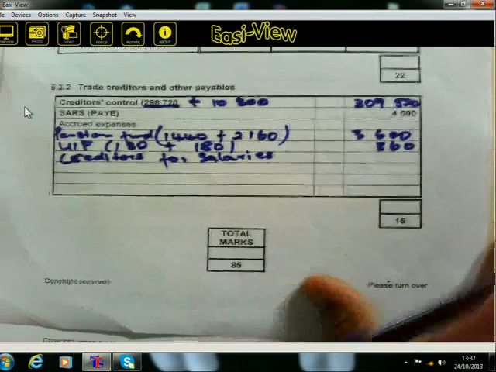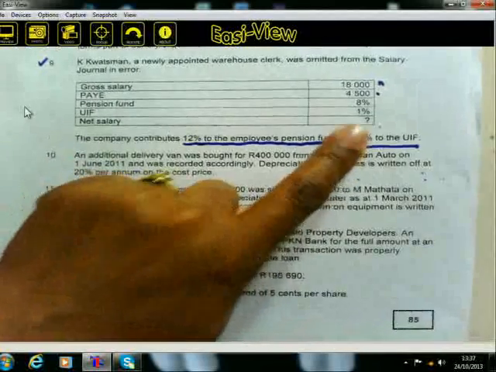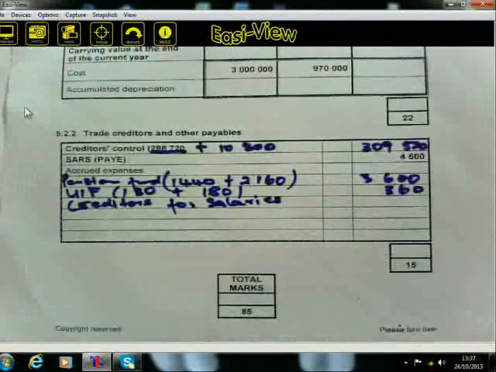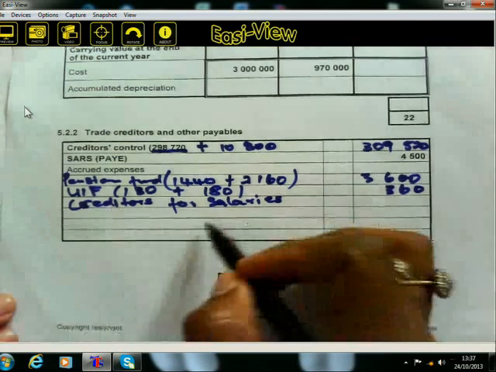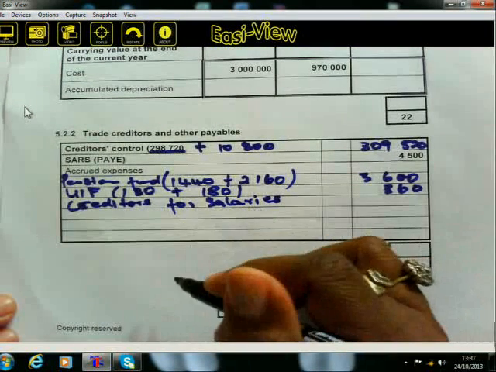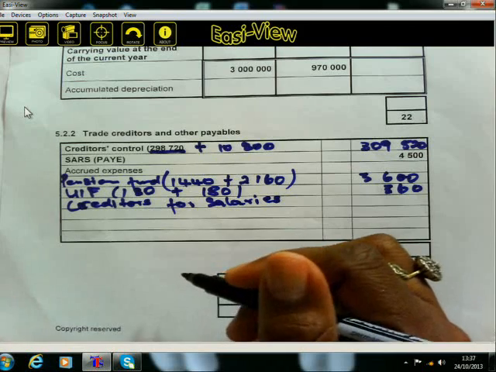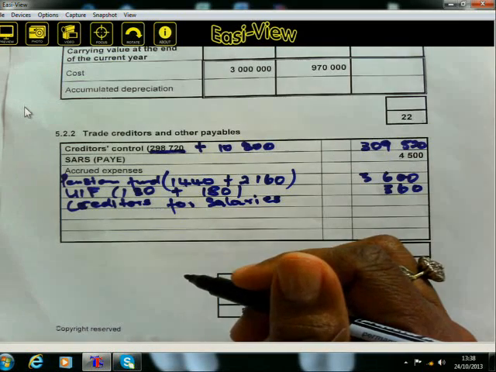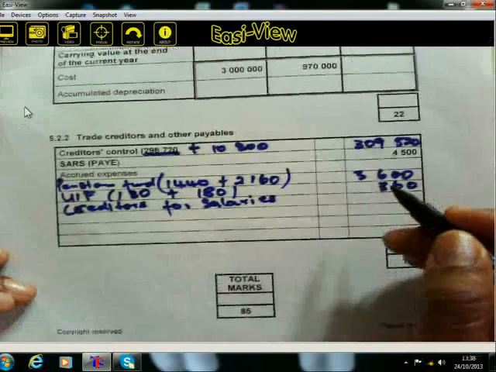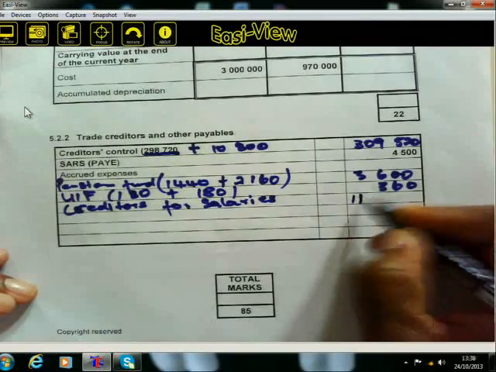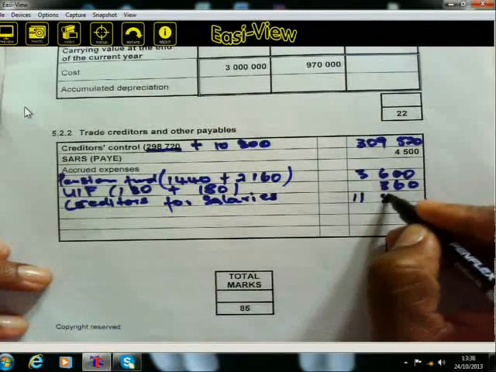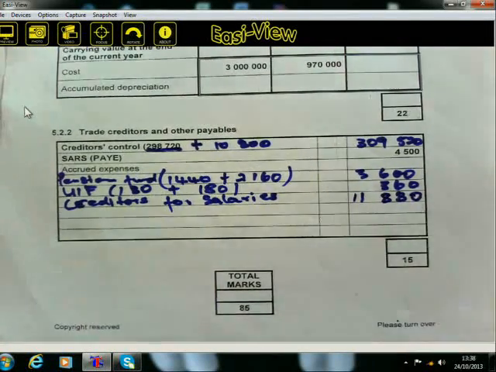And now we subtract the 180, being the 1% of UIF. Then the creditors for salaries, the amount that must be paid to our creditor, being the person employed, will be 11,880.